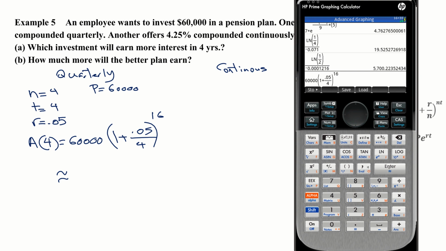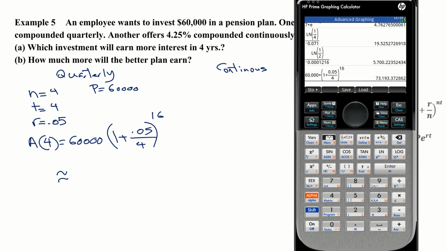Well, looks good. So we get 73,193. We'll go to 2 decimal places since it's money, so 0.37. All right, so that's how much there's going to be in that particular investment.